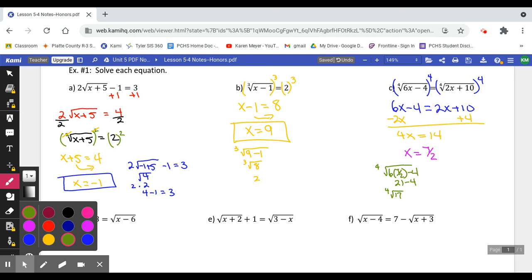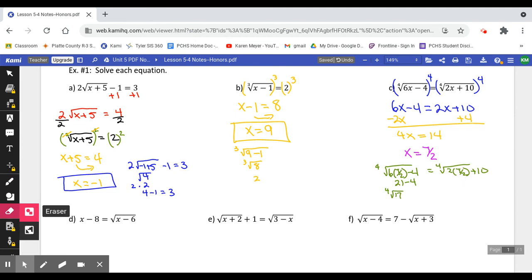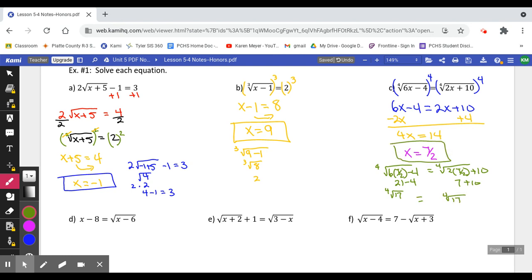Now let's check the other side, see if it works out. Fourth root of 2 times 7 over 2 plus 10. Well, 2 times 7 is 14. 14 over 2 is, no, 7. Sorry, 7. And 7 plus 10 does give me the fourth root of 17. They are equal, so it checks. Yay!